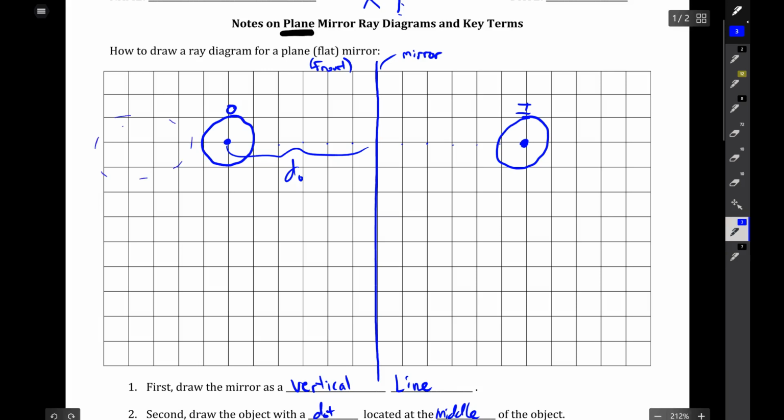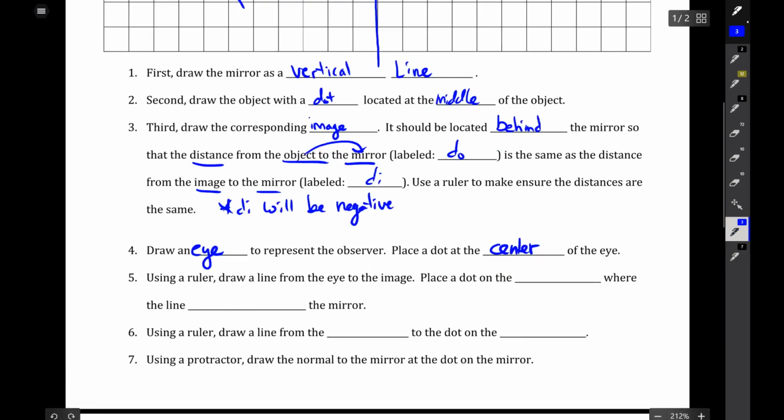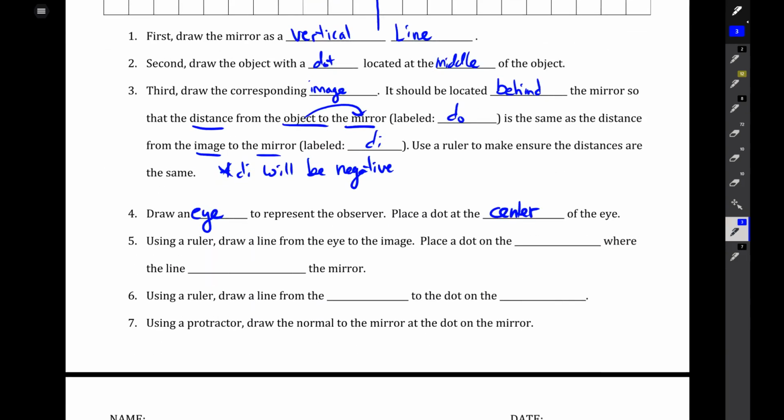Behind the mirror really doesn't work well because measuring angles is just really difficult when you're drawing these. And in front of the mirror really doesn't work well because then you would be blocking the light. So I'm going to pick somewhere down here, draw my eye. Here's my eye. Okay. Now that we've drawn the eye, we draw the actual ray diagram.